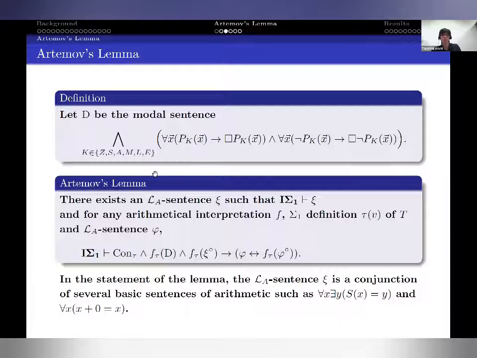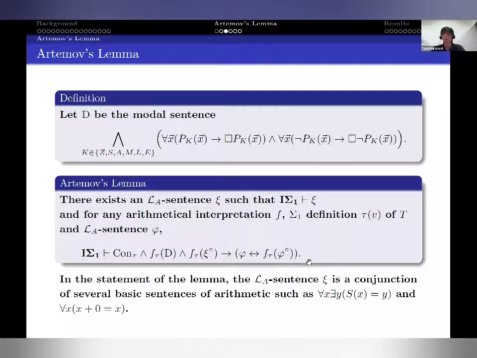Then we are ready to state Ultima's lemma, which says that there exists a sentence psi of arithmetic such that IΣ_1 proves psi, and for any arithmetical interpretation f, Sigma-1 definition tau of T and arithmetical sentence phi, IΣ_1 proves that Con_tau and f_tau D and f_tau xi circle implies the equivalence of phi and f_tau phi circle.